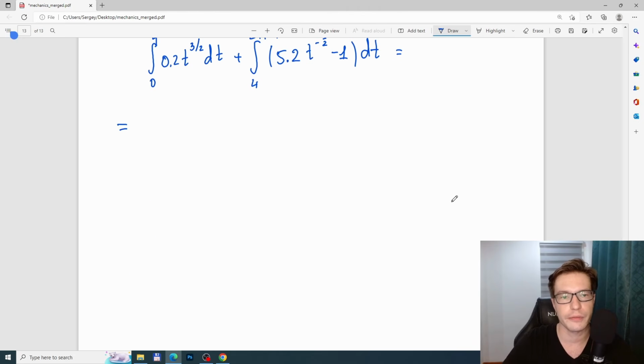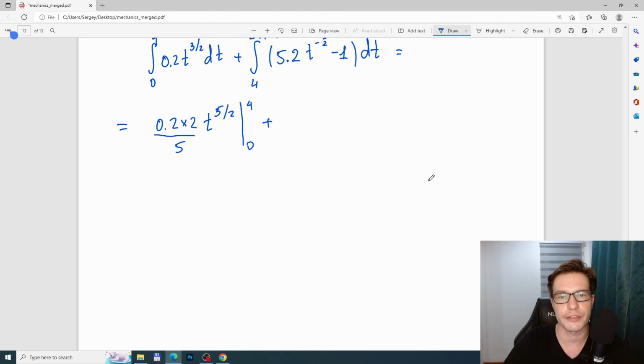Okay, the first integral is 0.2 t to the power of 3 over 2 plus 1, which is 5 over 2, divided by 5 over 2 means multiplying by the reciprocal. And that's from 0 to 4.